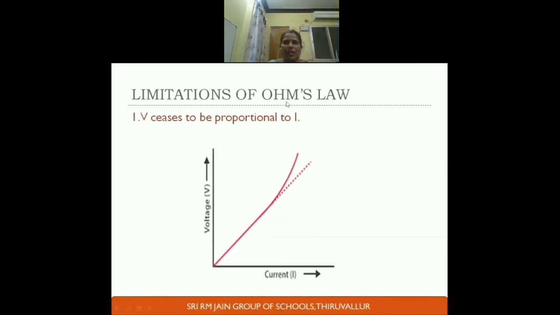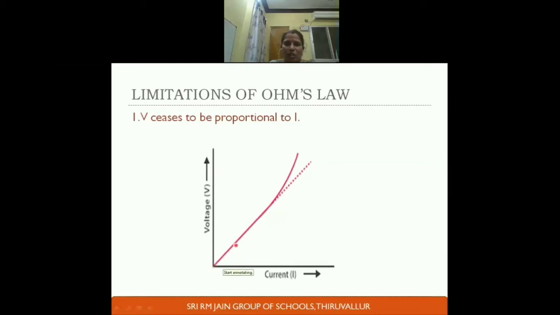So this is the graph which is drawn between current and voltage. Look at this graph here, children. Along the x-axis we have taken current, and along the y-axis we have taken voltage.